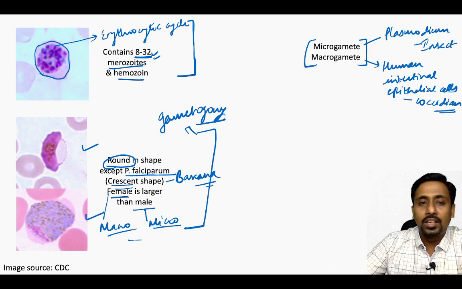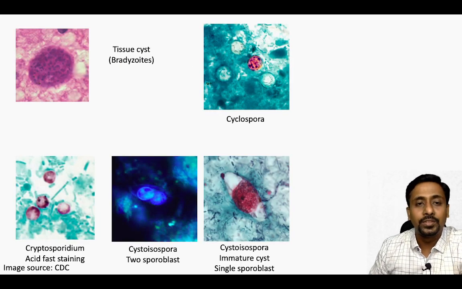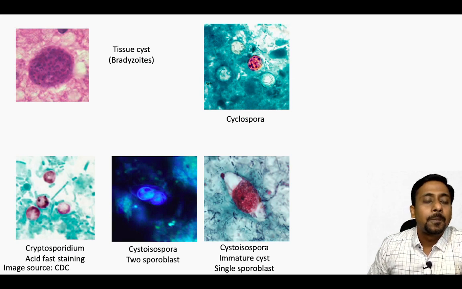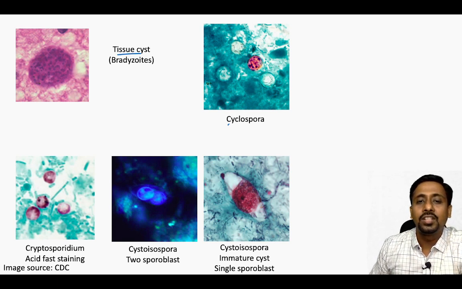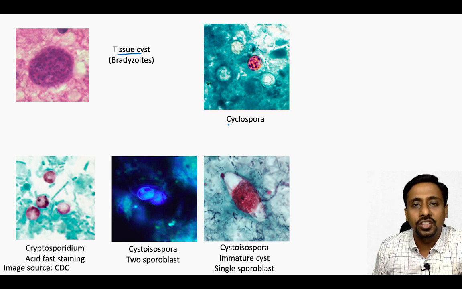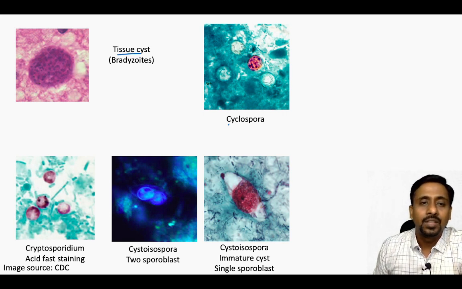So now coming to the next morphological forms seen in sporozoans. These structures are tissue cysts, and all these four images belong to oocysts. This tissue cyst and oocyst stage is not present in plasmodium in humans. However, oocyst is seen in case of plasmodium in the insect, but not in human.